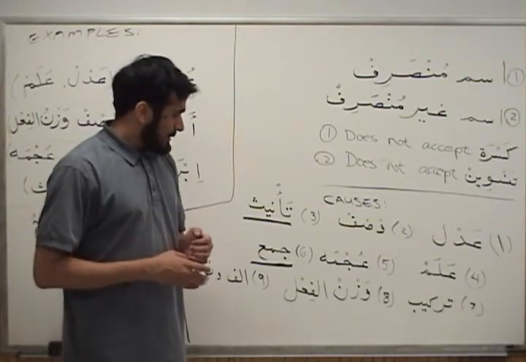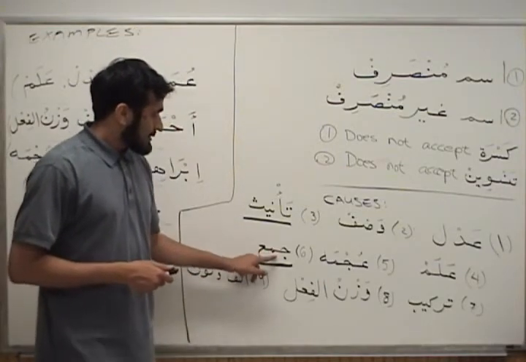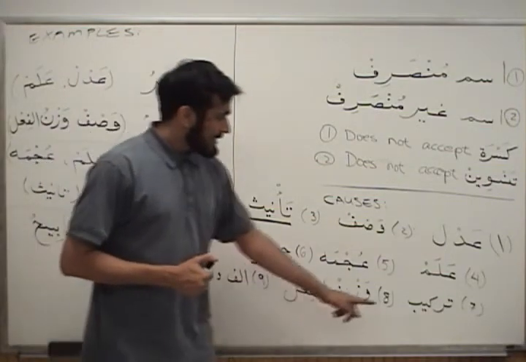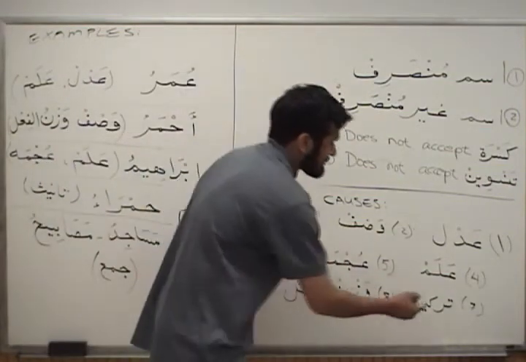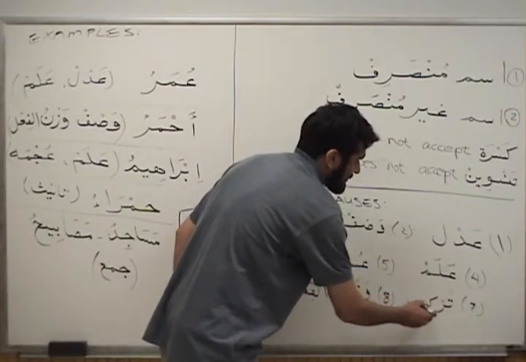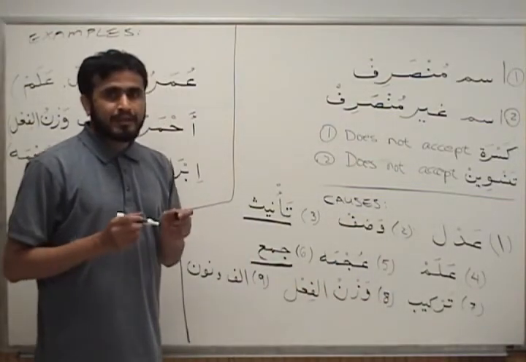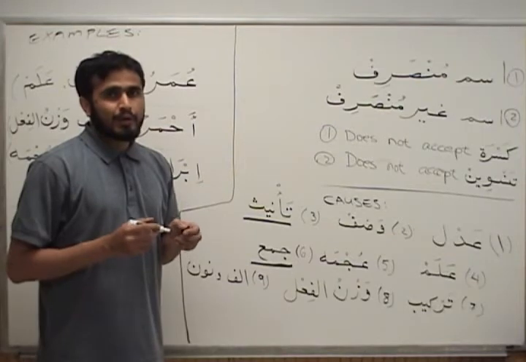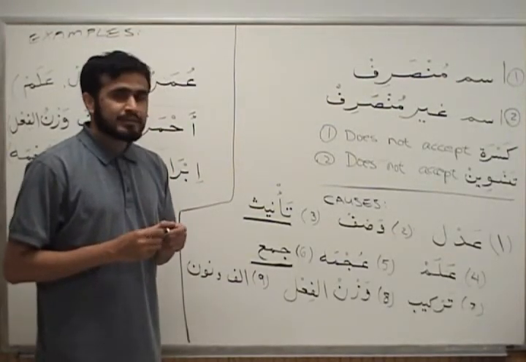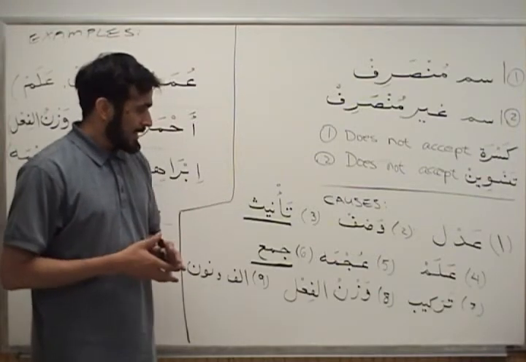They are originally from other languages. Jam'a is plural. That's obvious. Tarkeeb is when you have originally two words that you have combined into one, and now you have made it the name of something. So tarkeeb is putting two words together to give something a name.